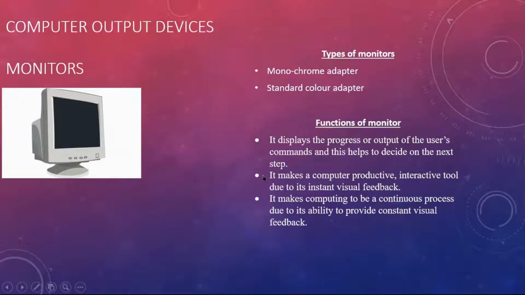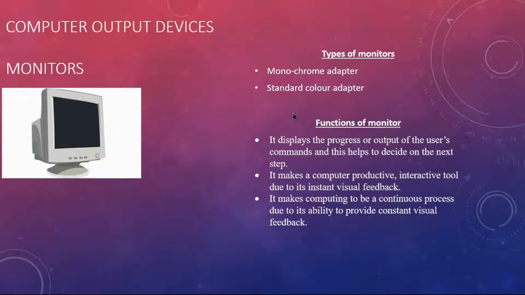Now, in this slide, we're actually going to look at how we can understand these devices in detail by looking at them one by one. Starting with what we know as the monitor. The monitor is an important output device.